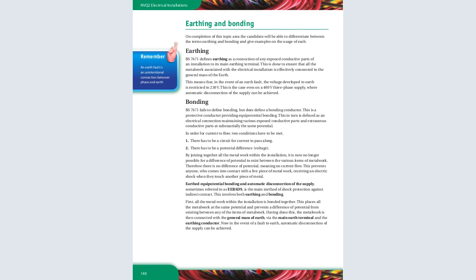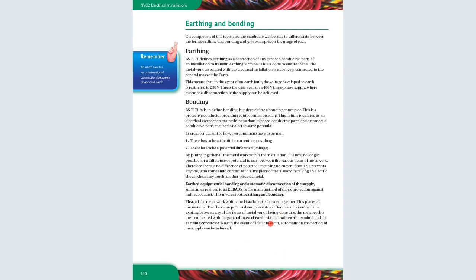This is done to ensure that all the metalwork associated with the electrical installation is effectively connected to the general mass of the earth. This means that in the event of an earth fault, the voltage developed to earth is restricted to 240 volts for Kenya, and this is the case even on the 415 three-phase supply.